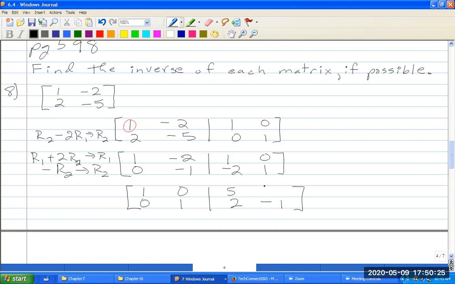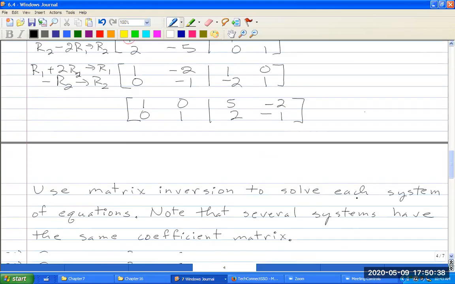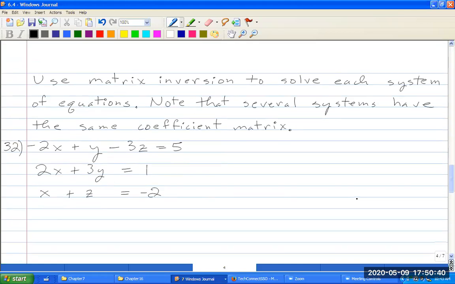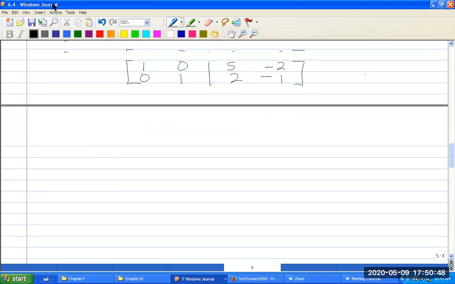So 2 times -1 is -2 plus 0 is -2. Therefore, okay, good.